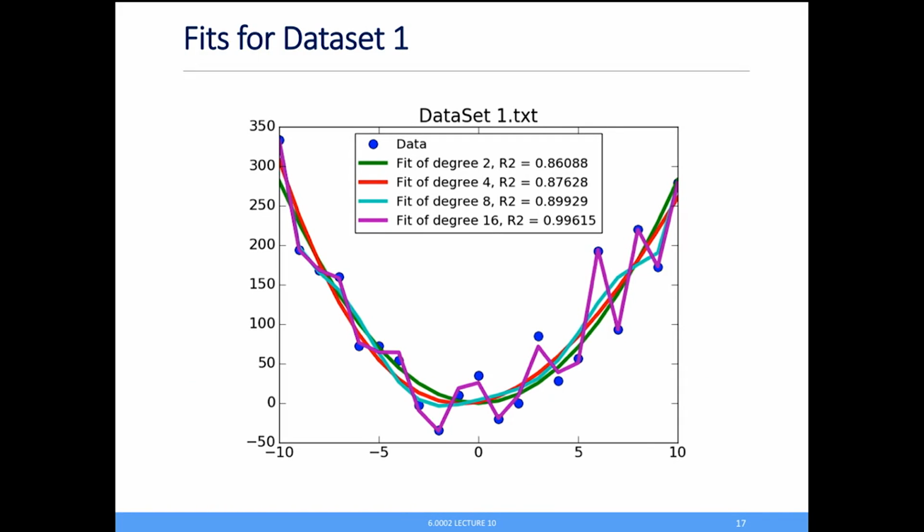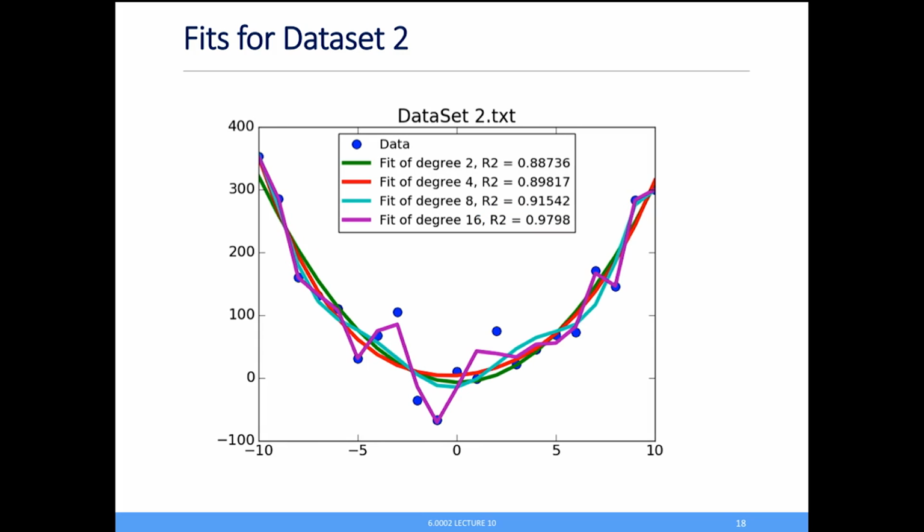All right. The green line still is doing not a bad job. The purple line, boy, is fitting it really well. And again, notice, here's the best fit. That's amazing. That is accounting for all but 0.4% of the variation in the data. Great fit. Order 16. Came from an order 2 thing.